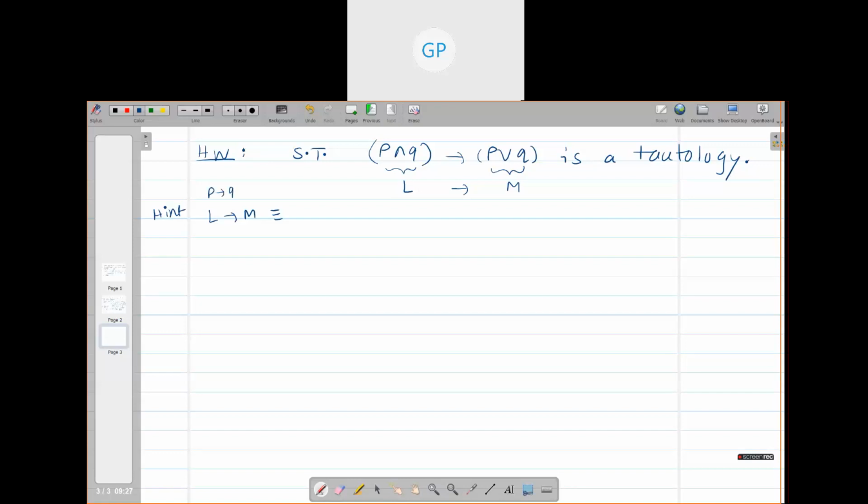P implies Q is equivalent to negation P or Q. So L implies M is equivalent to negation L or M. So can you do this? You have to make it equivalent to negation L or M, and then simplify using all possible laws.